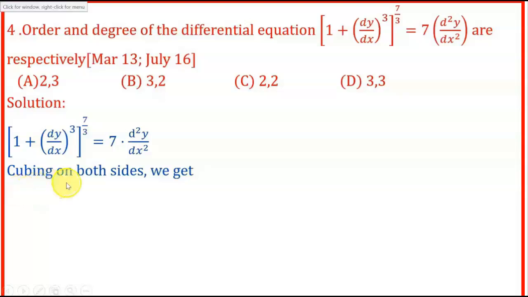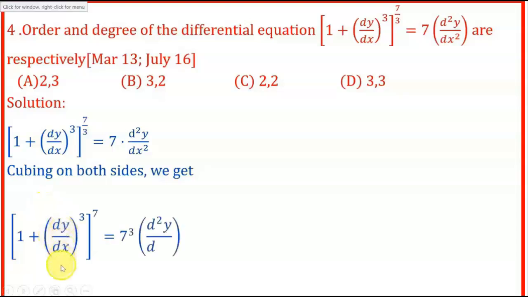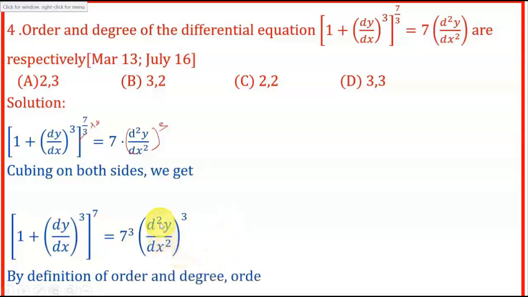Therefore cubing on both sides, you will get 1 plus (dy by dx)^3. The power 7 by 3 multiplied by 3, the 3 gets cancelled, and here you will get the bracket raised to 7, and d2y by dx square cubed. Hence the order of the differential equation is 2 and the degree is 3. Hence option A is correct here.